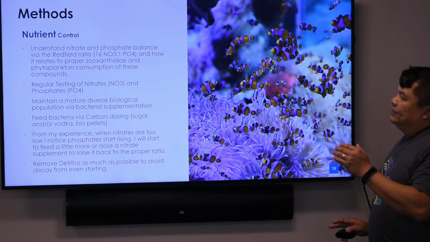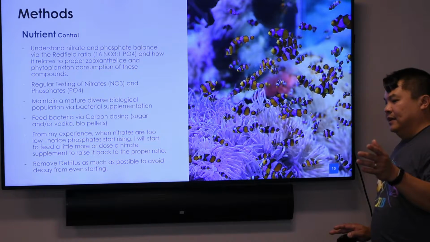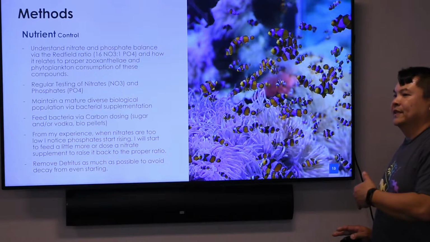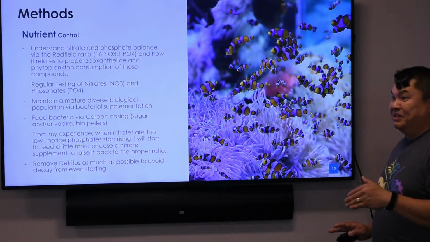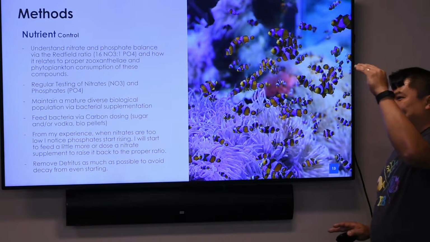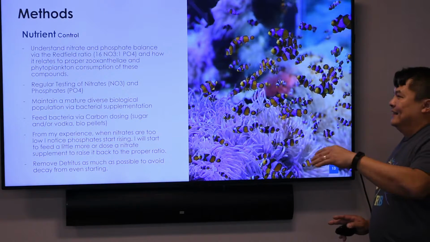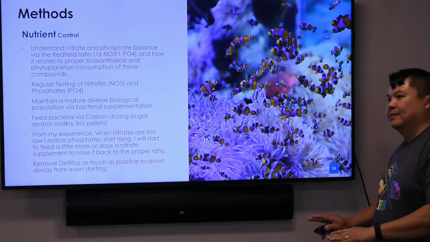So what I've seen is that for every 16 parts of nitrate, the bacteria assimilate 1 part of phosphate. That's why when I see my nitrate level at 0, my phosphate starts growing, until I dose more nitrate back in, and now the bacteria see both at the same ratio.